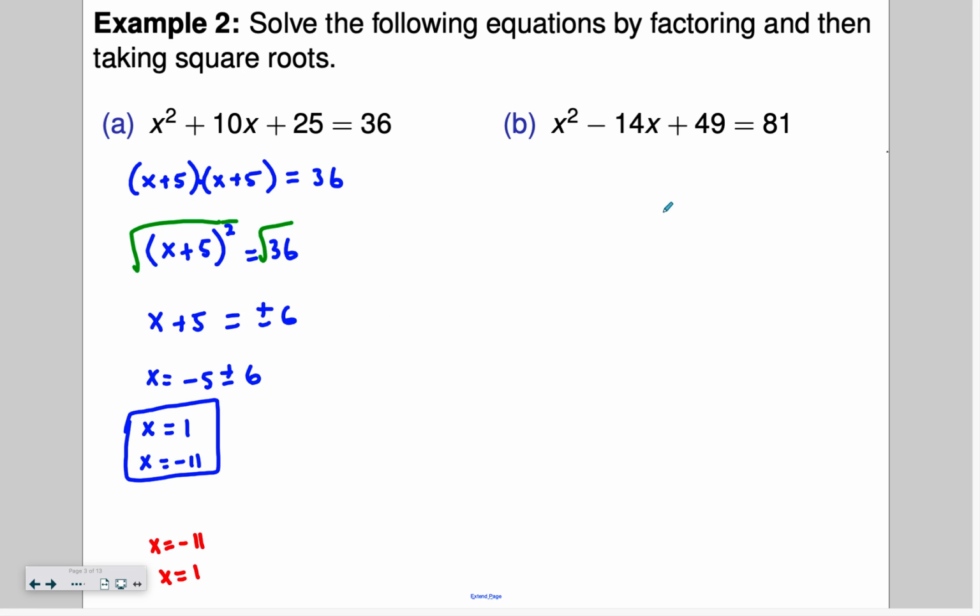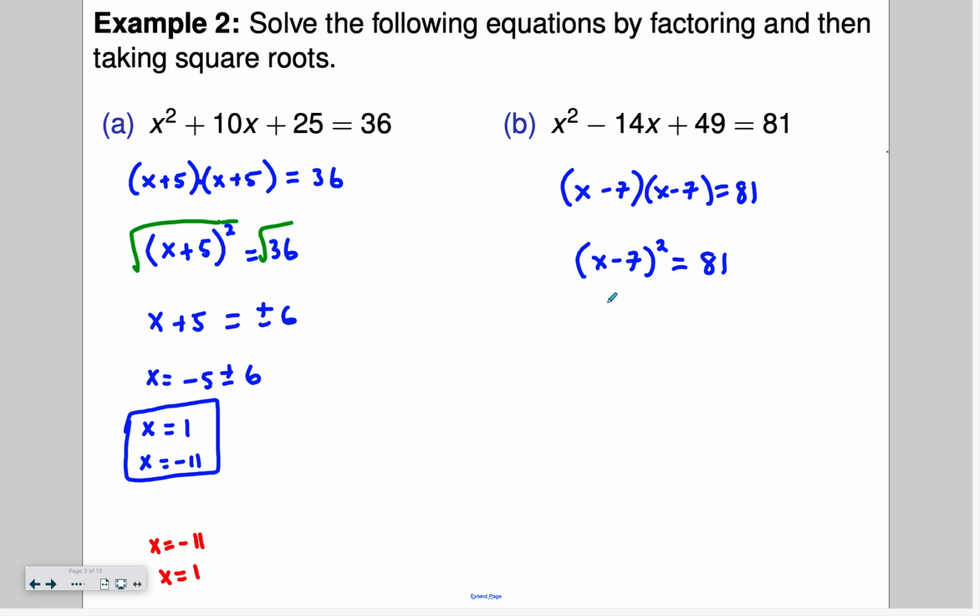All right, see if you guys can do it on this one on the right. I'm going to do it real fast in just a sec. Is the left side factorable? Yep. We can find factors of 49 that add to negative 14. That'll be negative 7 and negative 7. So it'll look like x minus 7 times x minus 7 equals 81, which is actually just x minus 7 squared is 81.